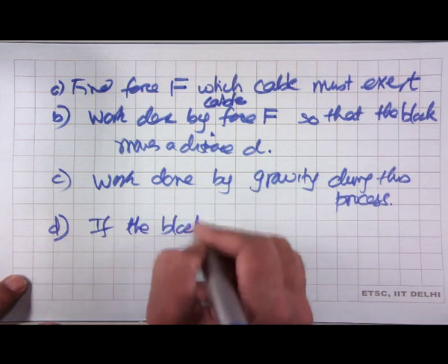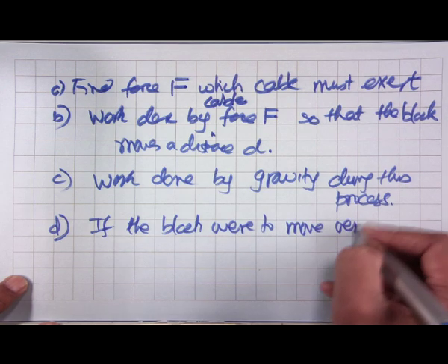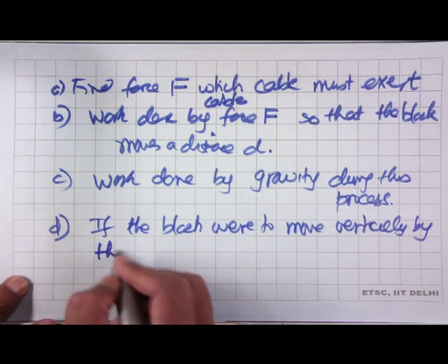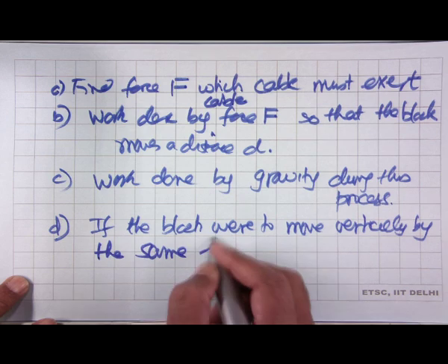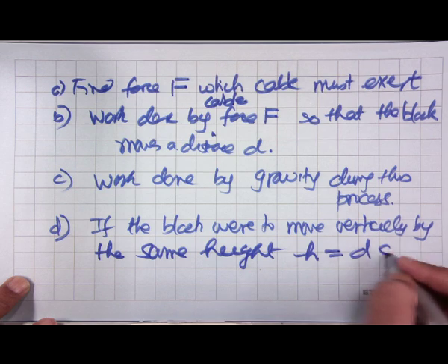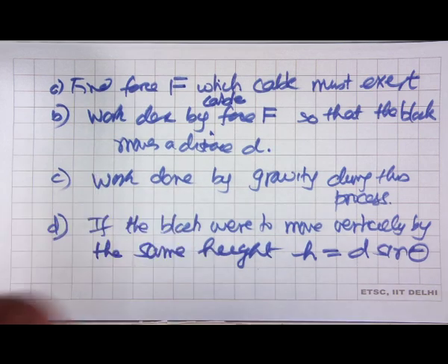And we finally pose the question: if the block were to move vertically by the same height h, which is equal to d sin theta, that means if instead of going on a ramp, it was vertically lifted to the same height.